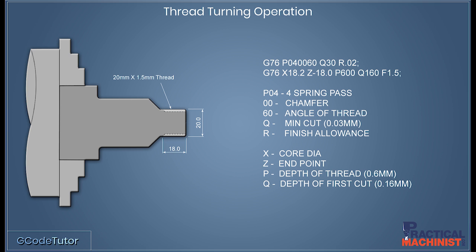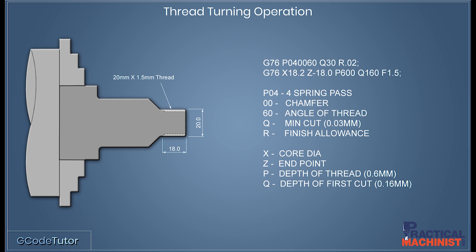Now, in order for our controls to work out how deep to take each cut of our thread, we need to give it a first depth of cut and a final depth of cut. Now, we've already done our final depth of cut, or minimum cut, in our first line here. So our first depth of cut we define with the second Q value in the second line.